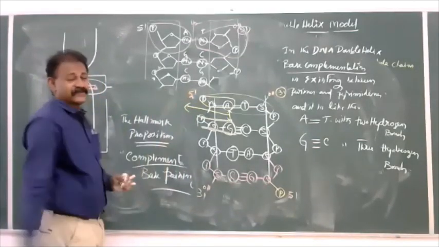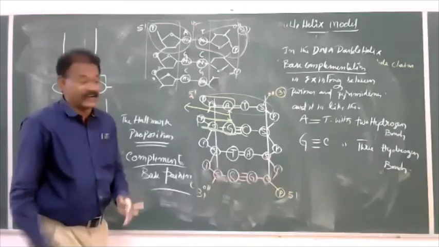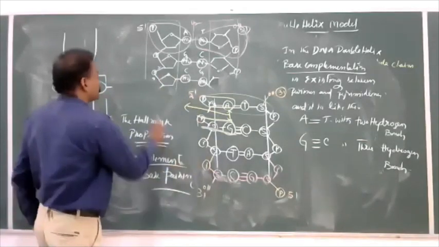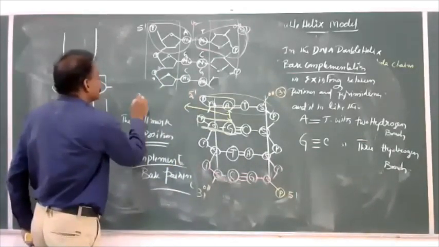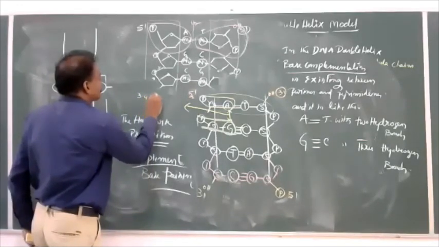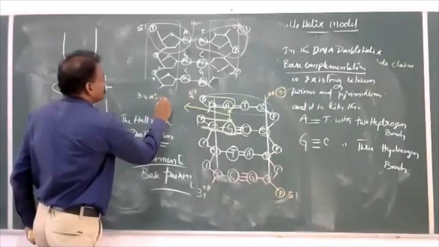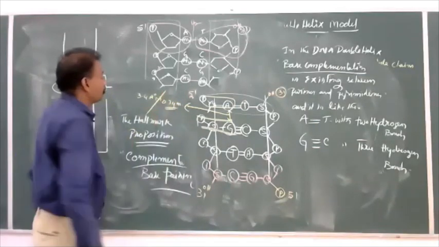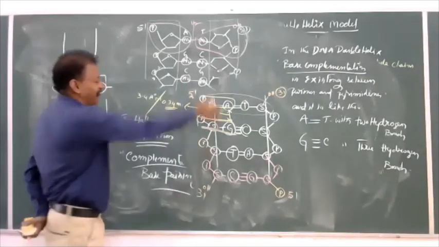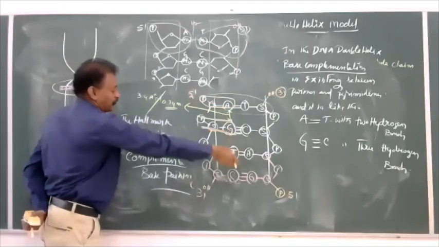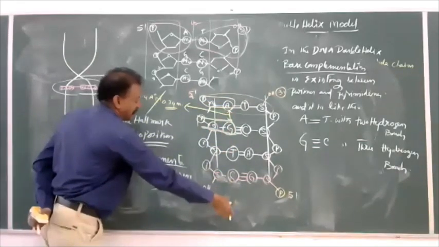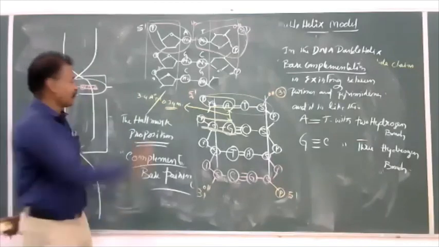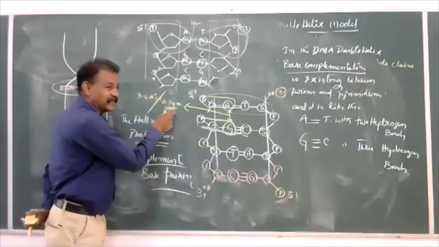when the discoverers of the DNA double helix, Watson and Crick, proposed it, they identified it is 3.4 angstroms or 0.34 nanometers between every two, always 3.4 angstroms or 0.34 nanometers.